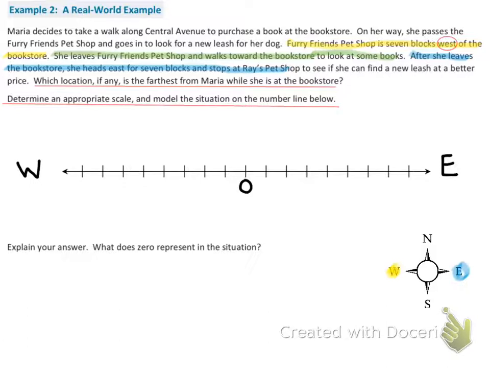So my scale here is going to go by 1, because I first need to locate the pet shop to the left, which are negative numbers. So I start with -1, -2, all the way to -8. And then I do the same to the right because we keep the same scale. I'm going to increase by 1s.